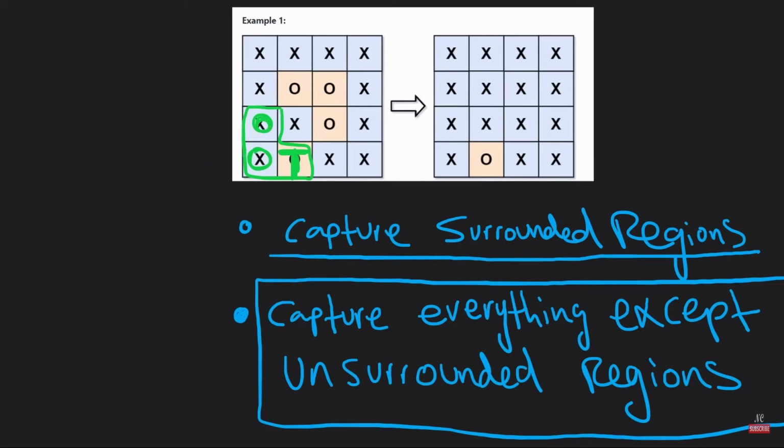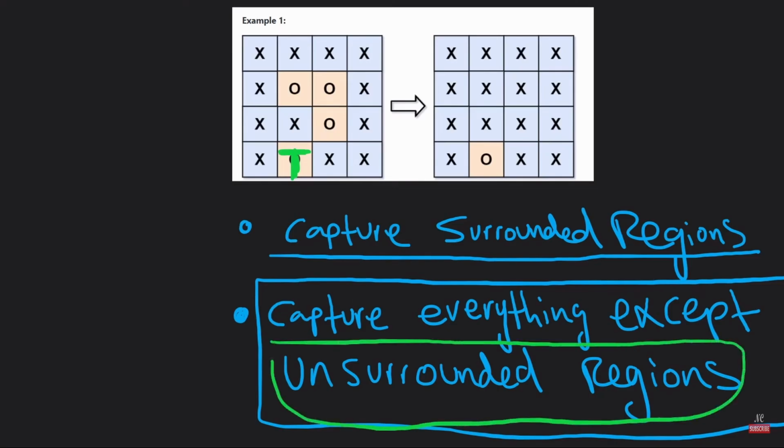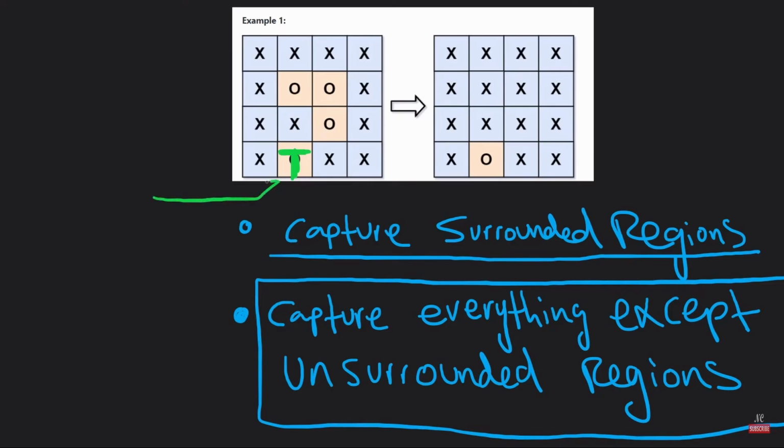And then we would change all of those into T's as well, right? But in this case, it's just a region of size 1. So that's all we do. Now, why are we changing it to a temporary variable? Because, remember, we're trying to capture everything except unsurrounded regions. So now we marked this as an unsurrounded region, right?